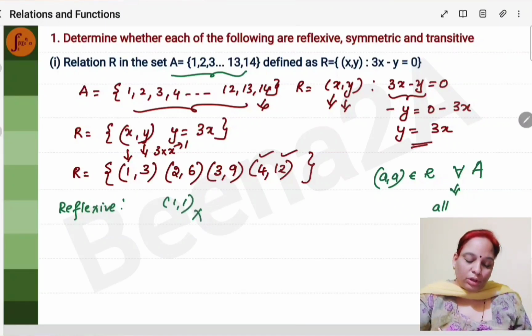No. 2 comma 2? No. So therefore this is not reflexive.